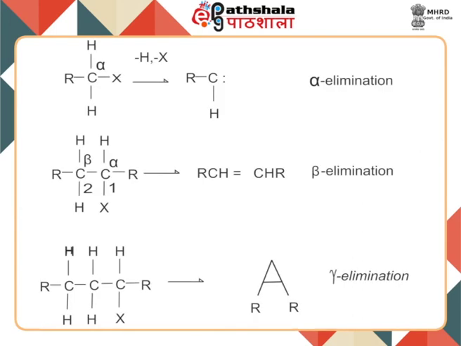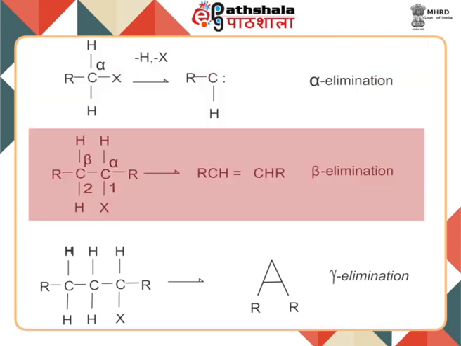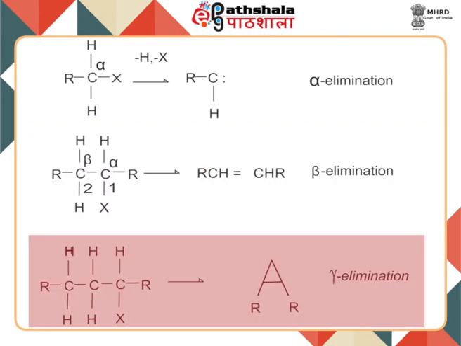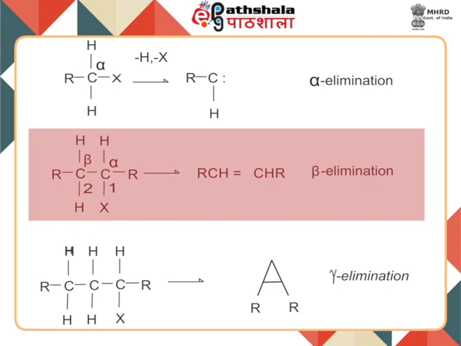Based on the position of the leaving group, these may be classified as alpha eliminations, beta eliminations, that is 1,2 elimination, 1,3 eliminations, and so on till 1,n elimination. But out of these, the most commonly encountered ones are the beta elimination, that is 1,2 elimination, in which a leaving group from the alpha carbon and a proton from the beta carbon are eliminated.